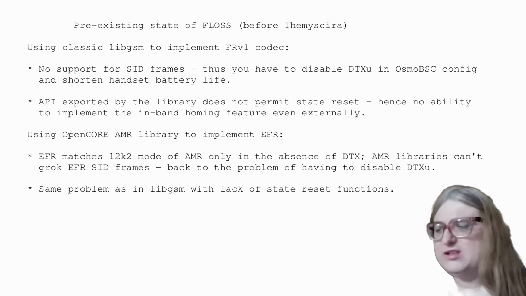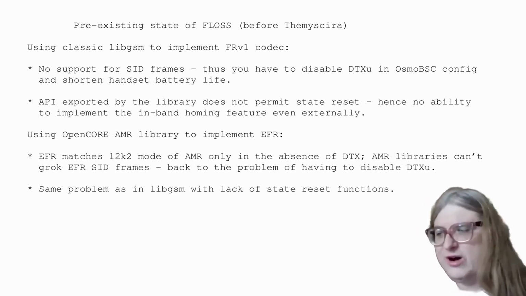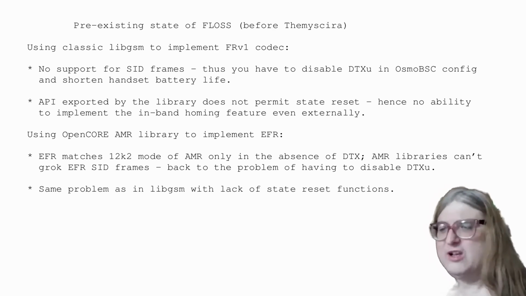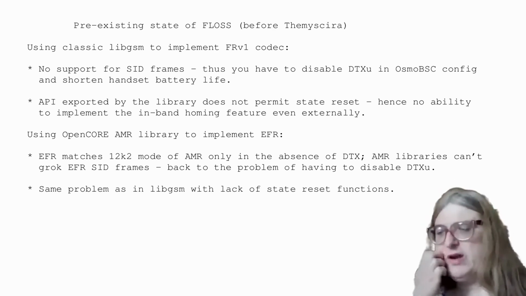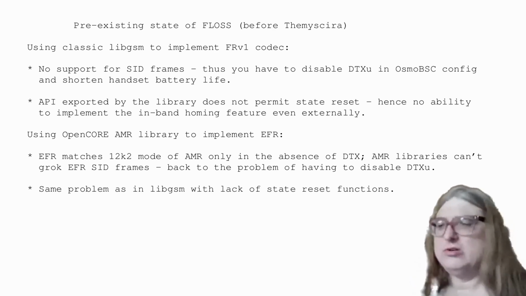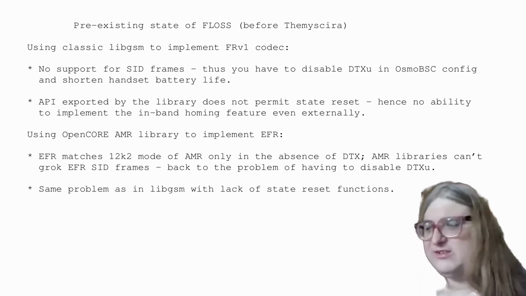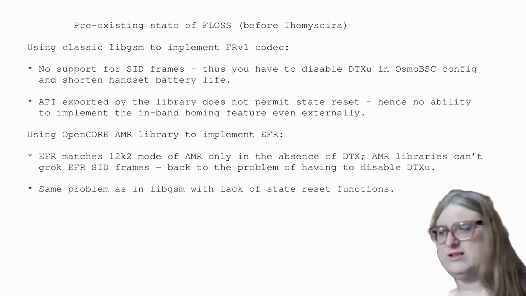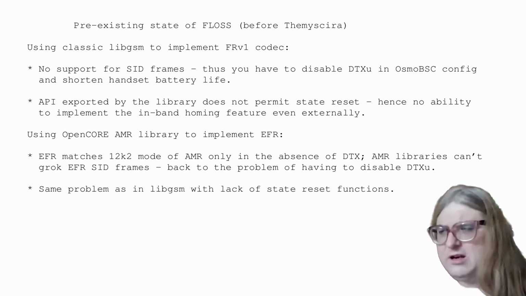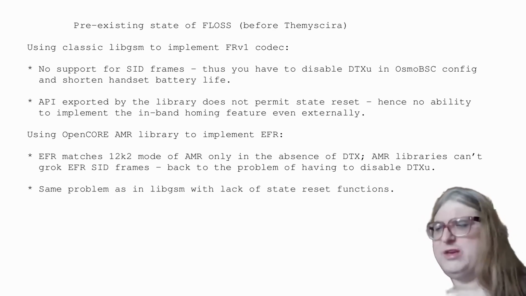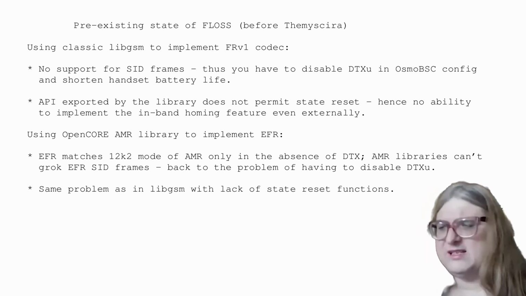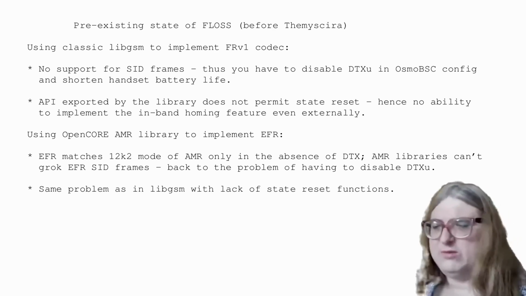So in the latest version of my Themyscira Wireless GSM codec libraries package, I actually stopped using libgsm as an external dependency, and I just incorporated the code. Thankfully libgsm was under a very, very free license. Other people have also done similar. What's the name of that library? SpanDSP. Yeah, SpanDSP, which also has the functions for modem emulation, fax modem, and whatnot.